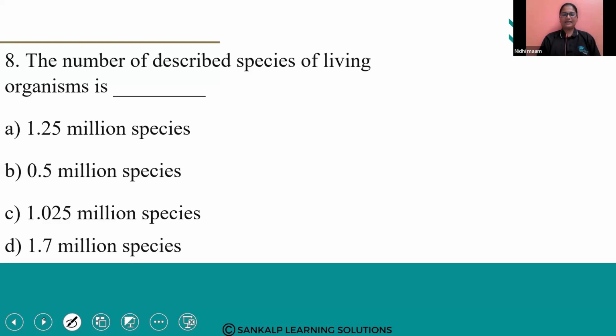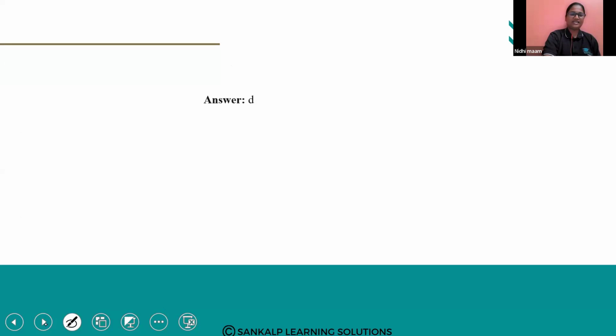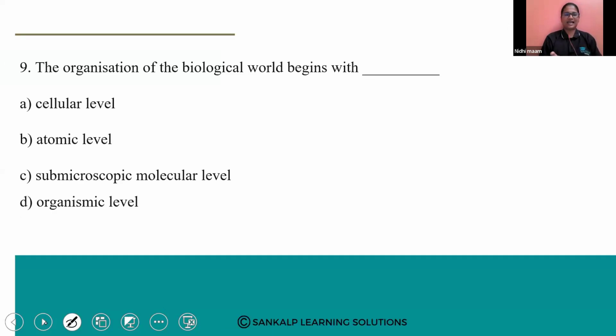Vaividya answered it. Okay, D. Valentina, Dhavina, Redmi. So most of you voted for option D, 1.7 million species, exactly the right answer.